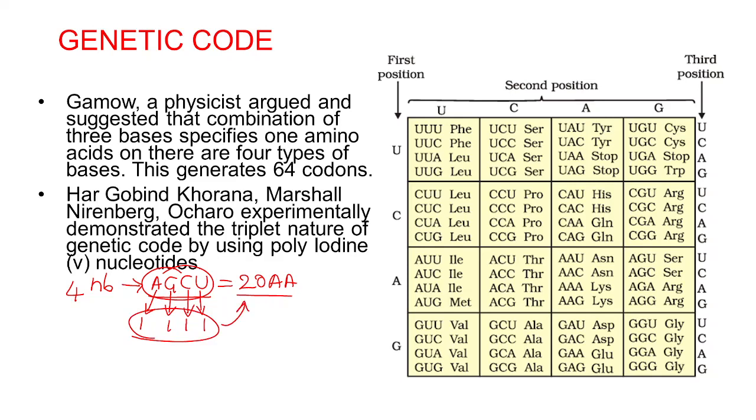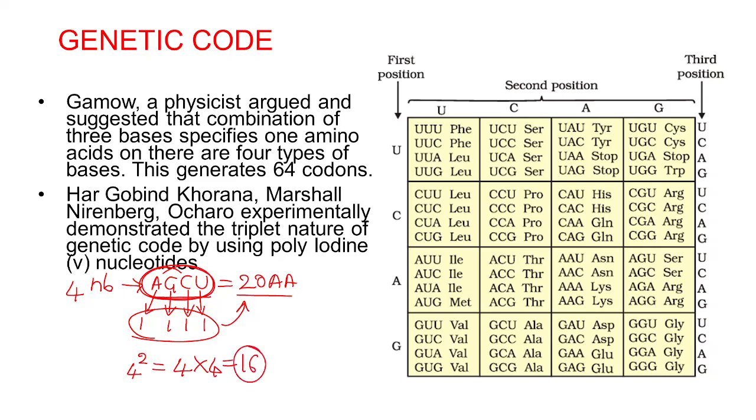For that, we can guess whether a combination of 2 is possible or not. If you take the combination of 2, then a total of 4 nitrogenous bases are there. That will be equal to 4 raised to 2, that is 4 cross 4. That means 16 codons can be produced.